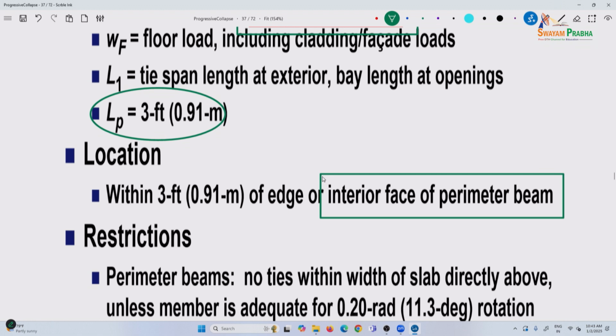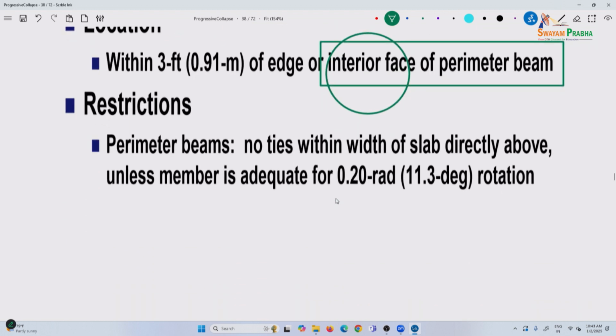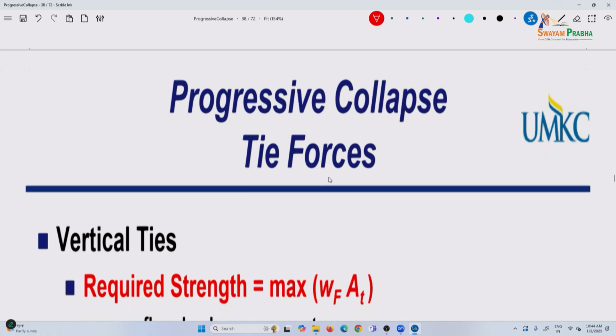If you have a perimeter beam, then you provide the ties within 3 feet. Restrictions are no ties within the slab directly above unless there is significant rotational capacity. Again, keep in mind all of this is to get the catenary action.